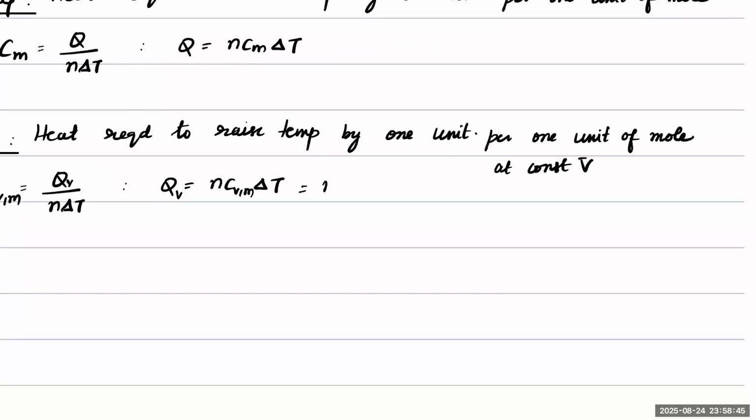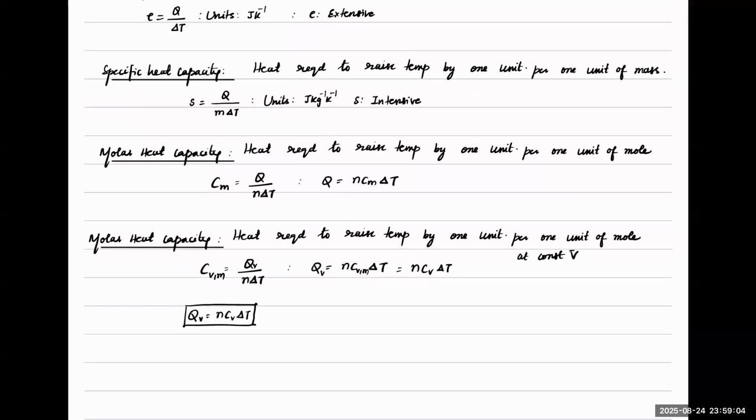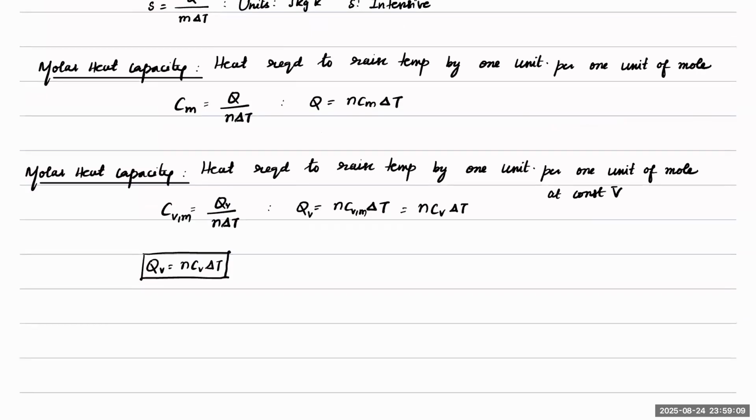Most of the time, instead of CVM, we simply use CV. So this becomes a formula. Remember that heat given at constant volume will always be equal to n CV into delta T. As we go ahead, start remembering formulas one by one, starting from here.